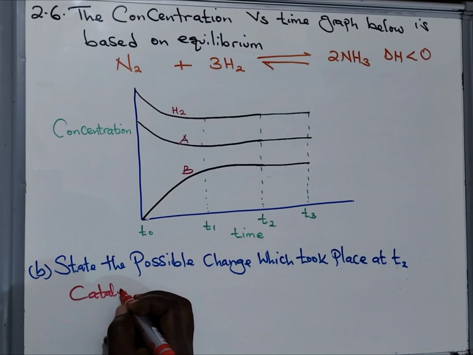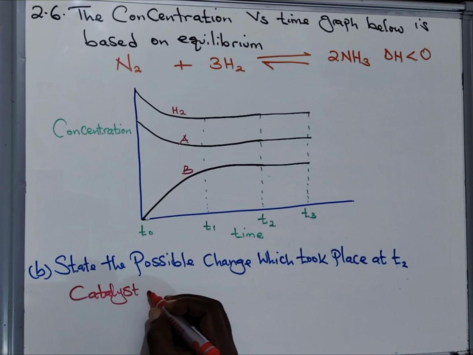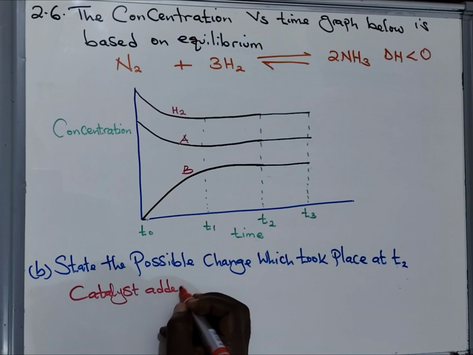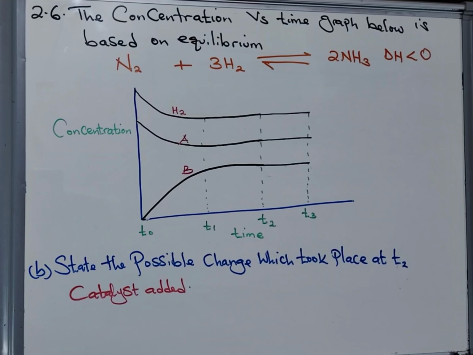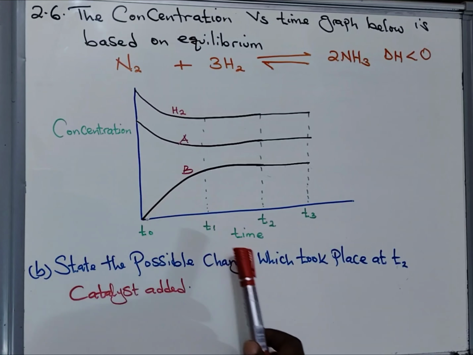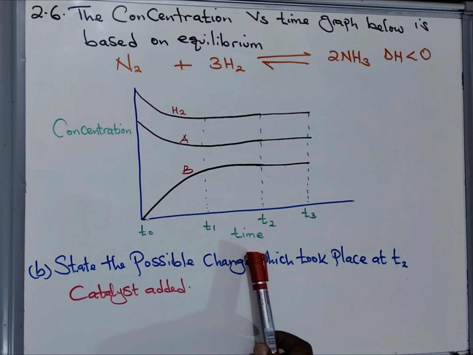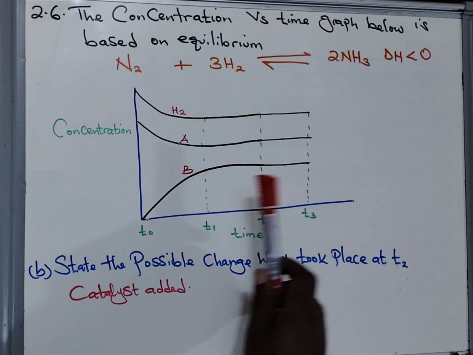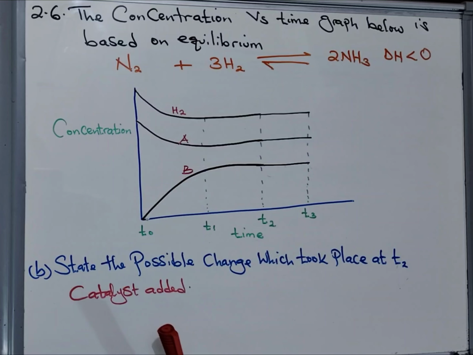Catalyst added. When you add a catalyst, it has no influence on the concentration versus time graph. So you don't see it anywhere. Why doesn't it have an influence there?